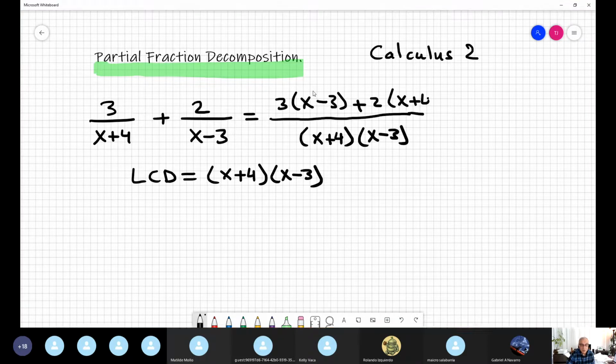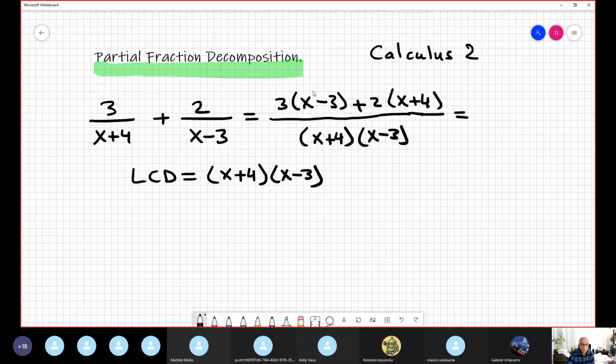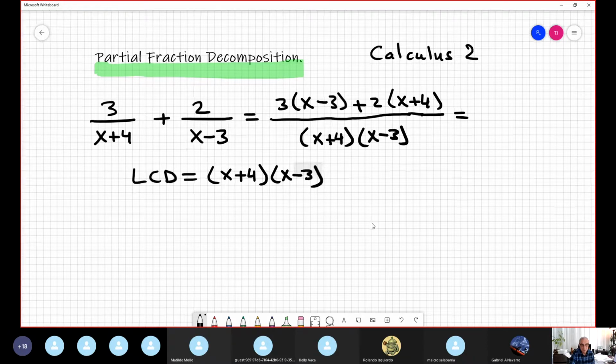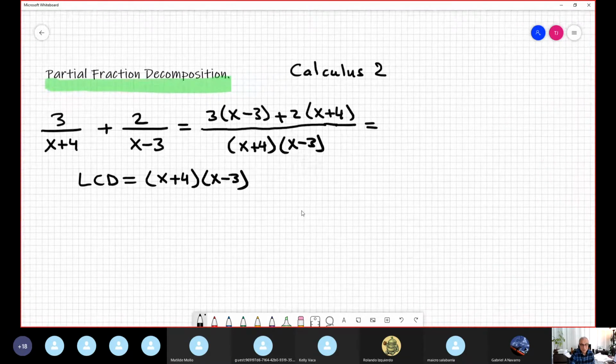I suppose that everyone follows me. Yes or no? Yes. So everything that we are doing is elementary algebra, intermediate algebra. The rest of the story is apply the distributive property and combine like terms.